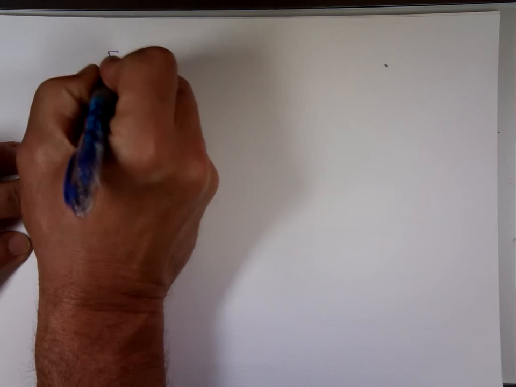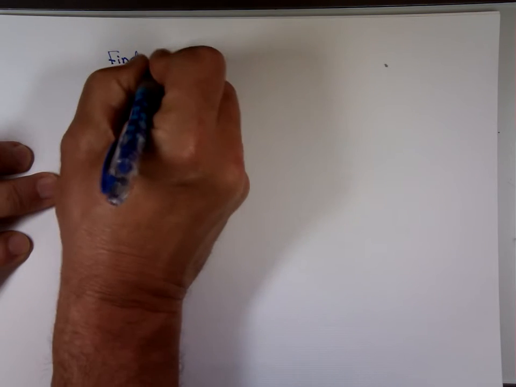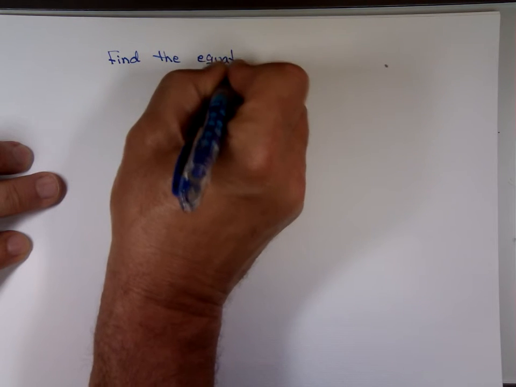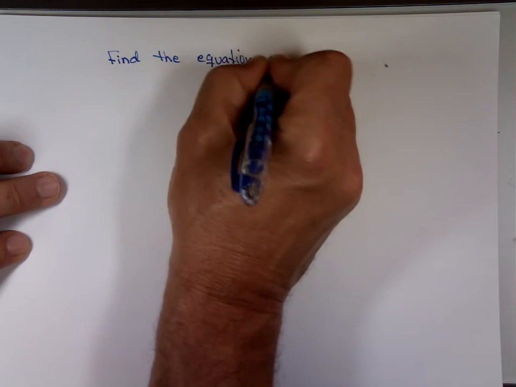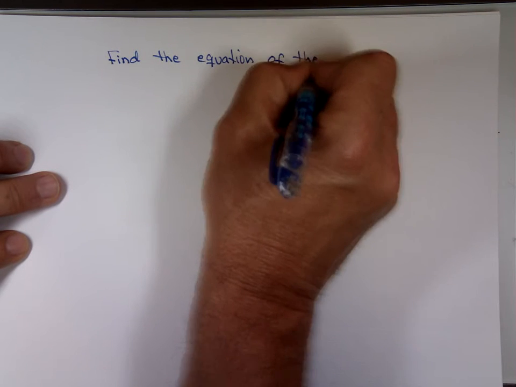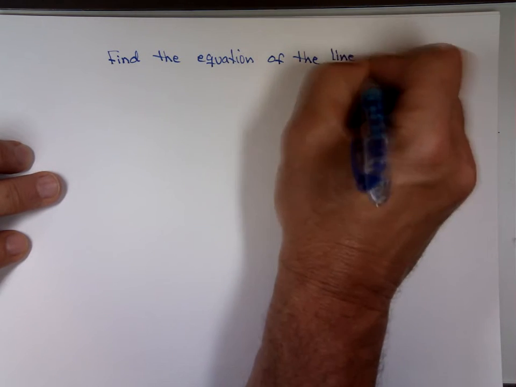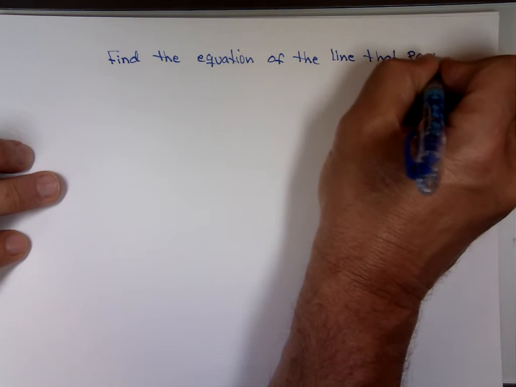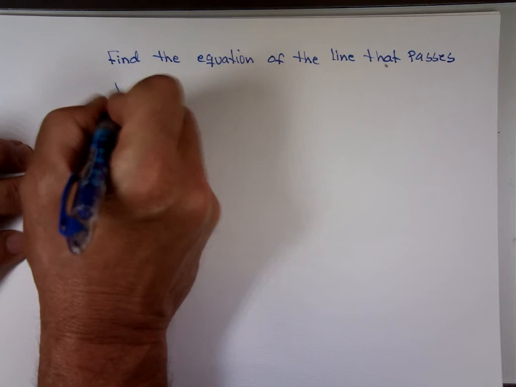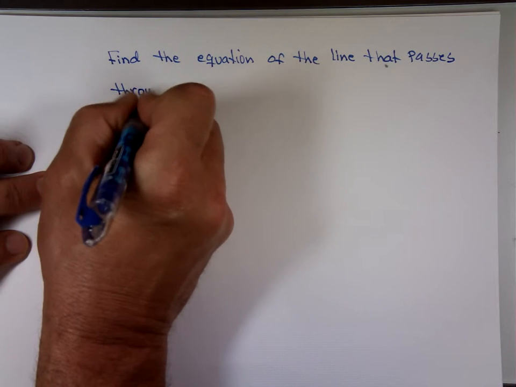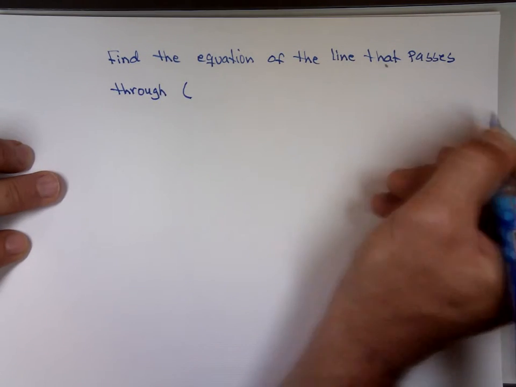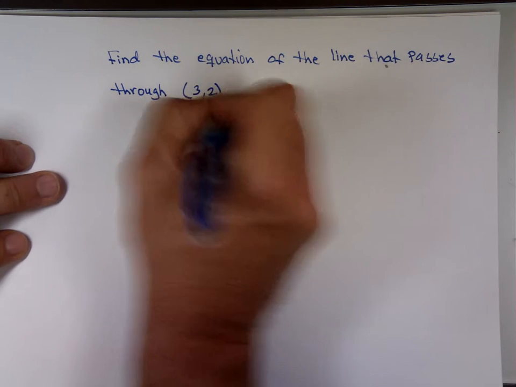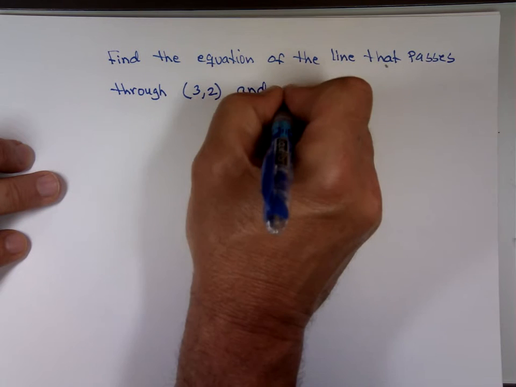Find the equation of the line that passes through, somebody pick a point, x and y value, go ahead. 3 comma 2 and has a slope m equals, somebody pick a number.